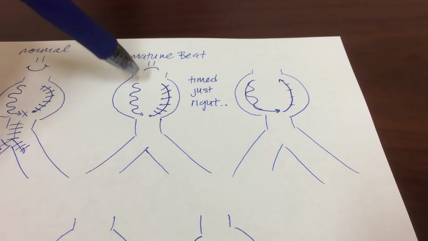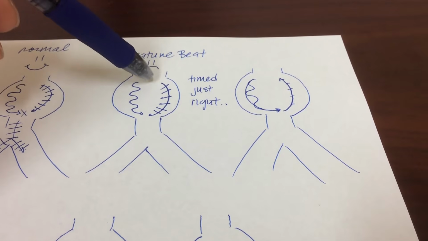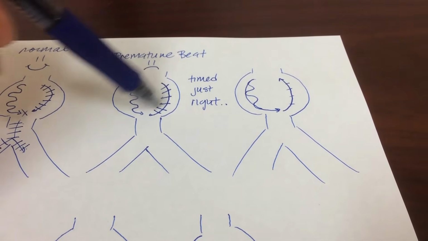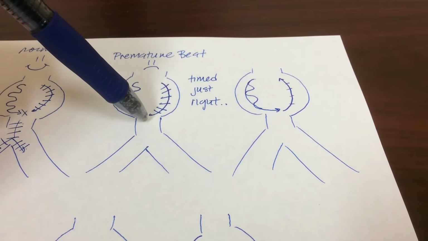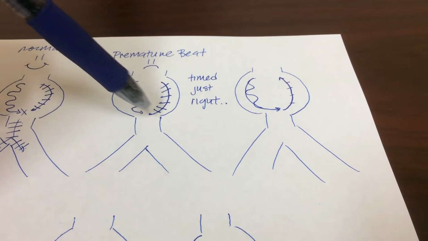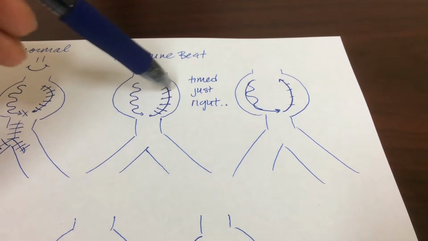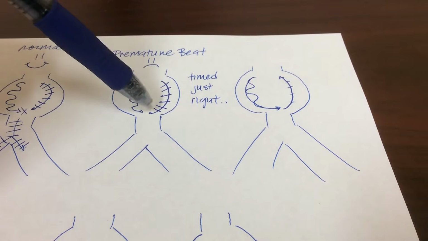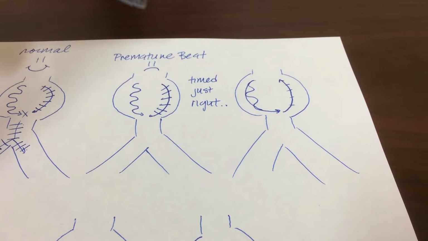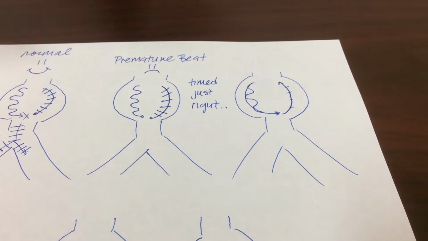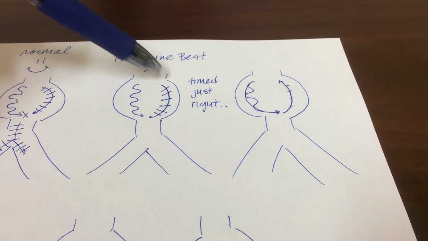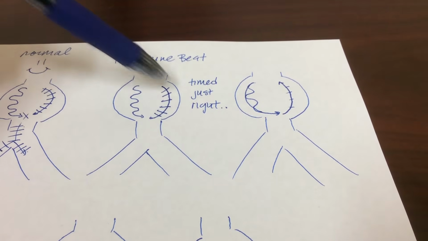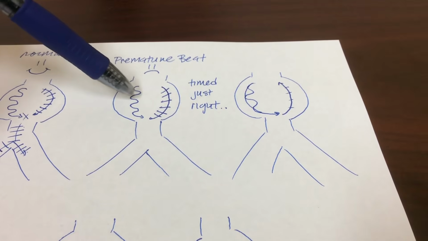In this case, let's say the fast pathway is done depolarizing and it's in its refractory period. As the SA node fires during this aberrant beat, it can't go down the fast pathway anymore because it's in its refractory period. So it's going to go down the slow pathway.